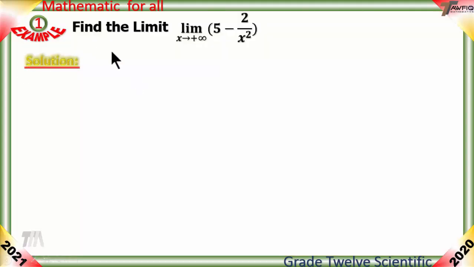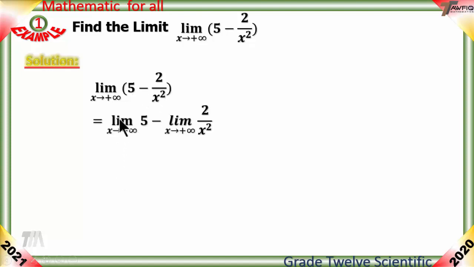Example number 1. Find the limit when x approaches positive infinity of 5 minus 2 over x squared. The limit becomes the limit of 5 minus the limit of 2 over x squared.